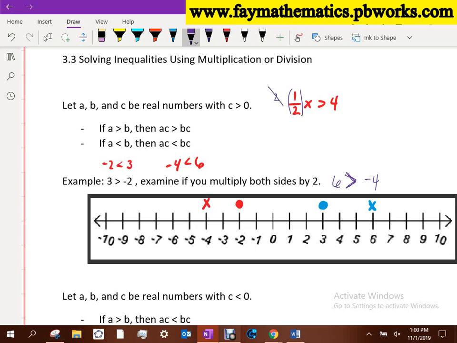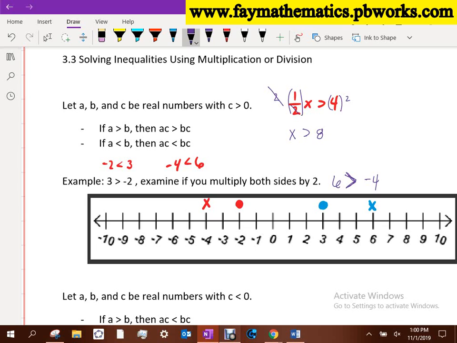So if I multiply this side by 2, those will cancel. It means 1x. Multiply this side by 2 gives me 8. So if 1/2 x is greater than 4, that means x is greater than 8. All I had to do is multiply both sides by some positive number 2. That's exactly the same way I solved the equation if it was 1/2 x equals 4, right?